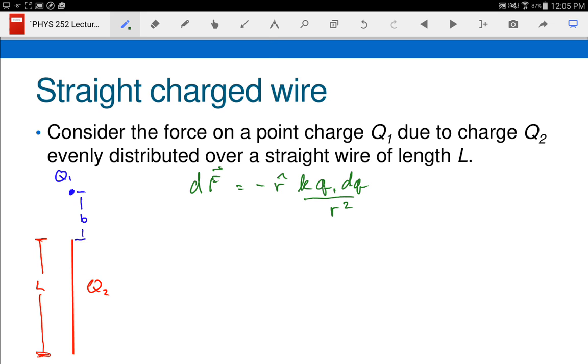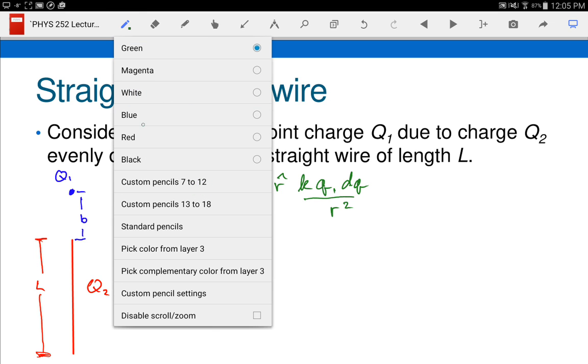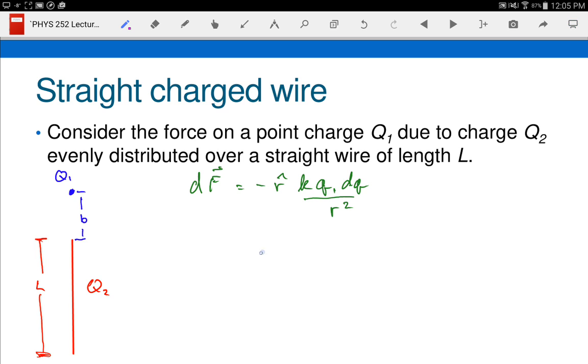What substitutions can I make? Q1 is Q1. Okay. Then what? R is B. No. R is L. No.